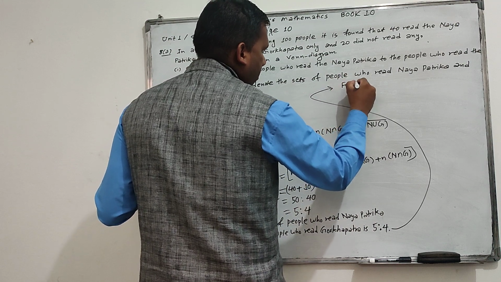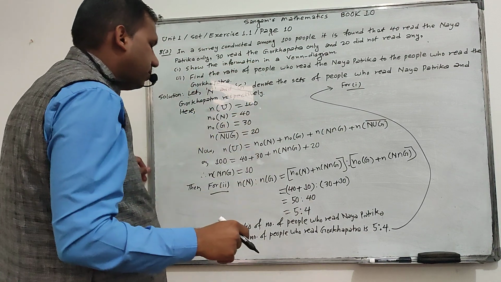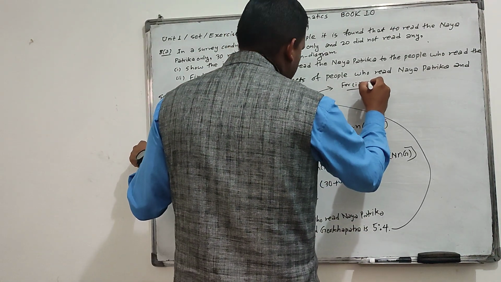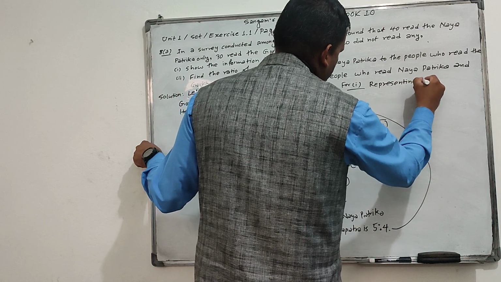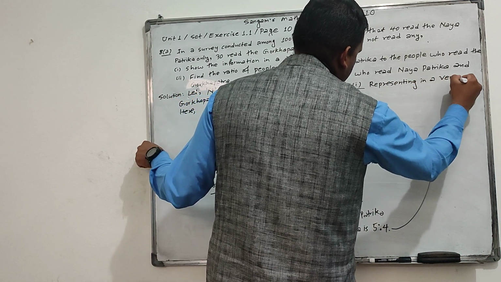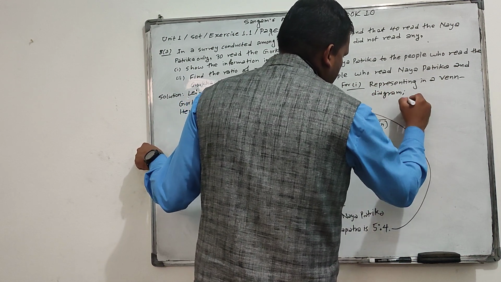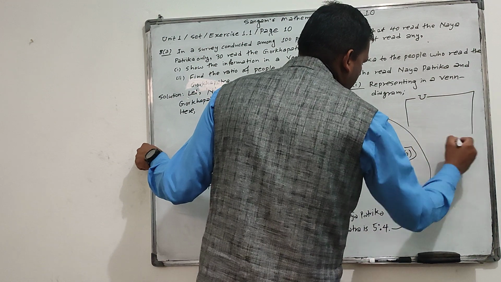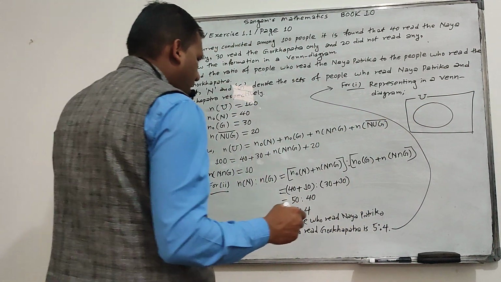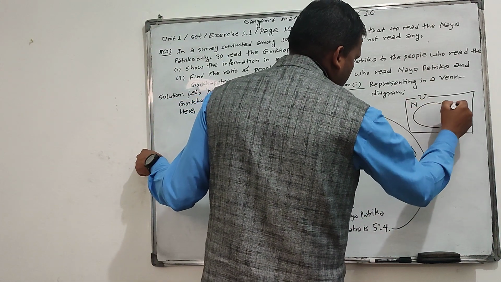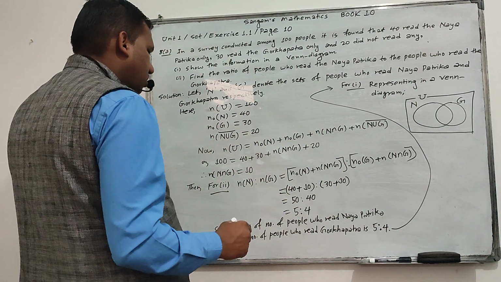Now for 1, show the information in a Venn diagram. Representing in a Venn diagram: the universal set and two subsets, Naya Patrika N and Gorkhapatra G. Intersection data is 10.